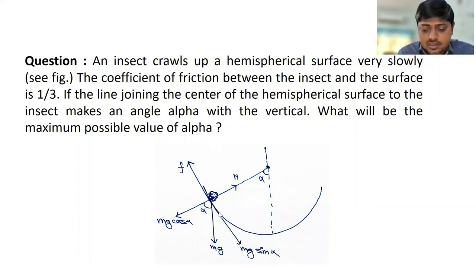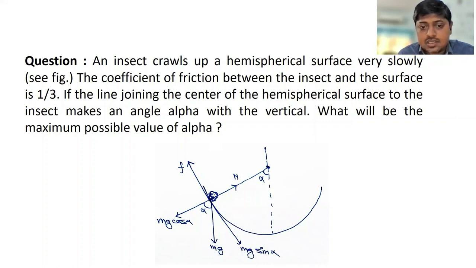Now let's see, when the insect is crawling up, then at any instant it's not falling because two forces are acting in opposite directions. One is because of the weight or the gravity. This is acting in this direction.